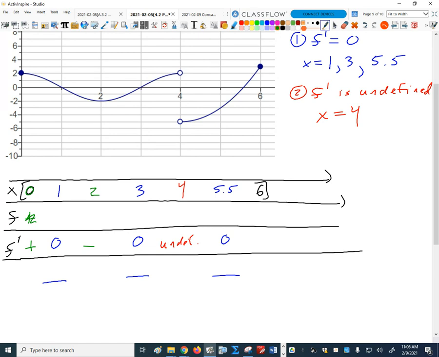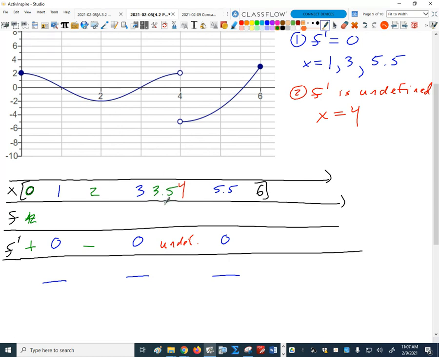Is 4 good? Yes or no? Does 4 work? No, 4 does not work, does it? Because 4 is a critical number. We have to have a test number between successive critical numbers. We need a number between 3 and 4, so something like 3.5.